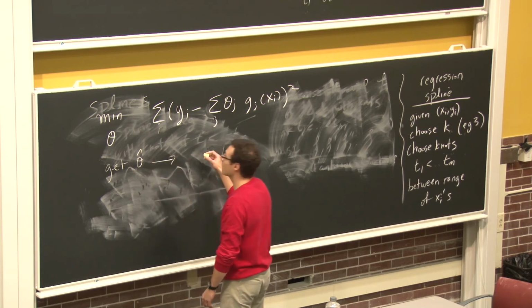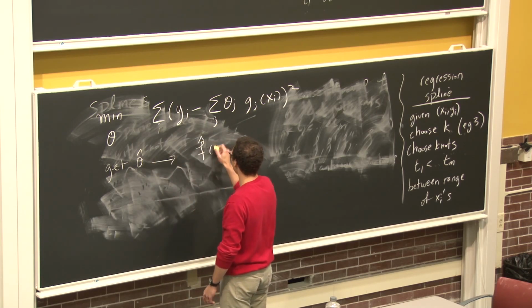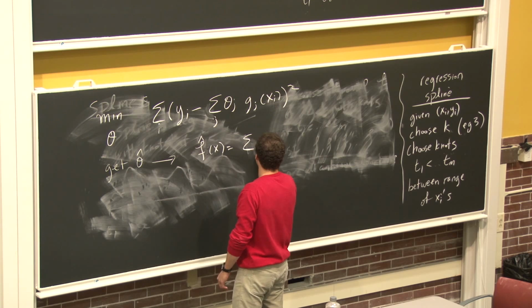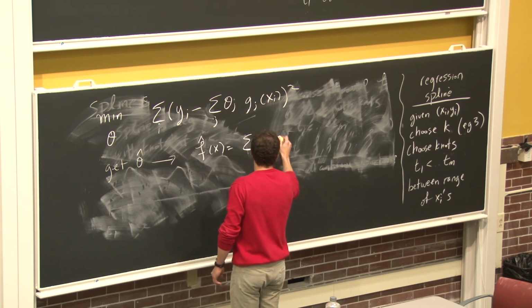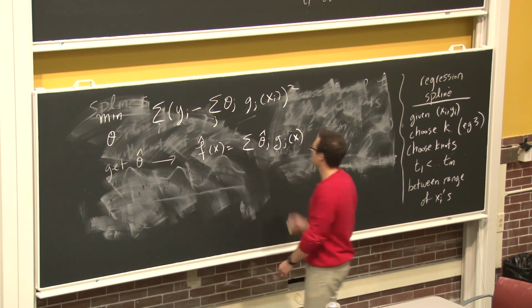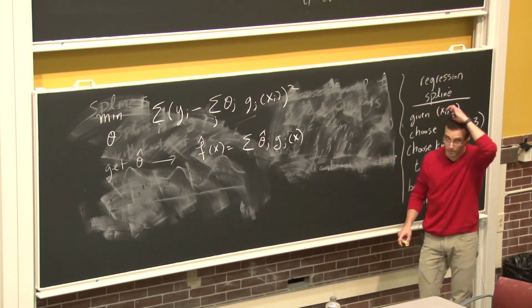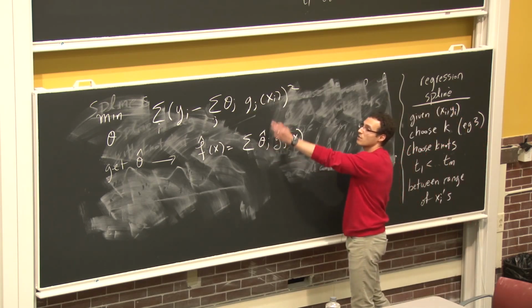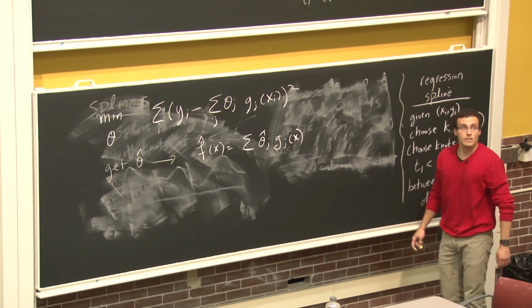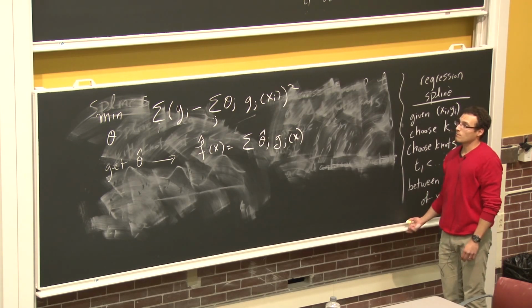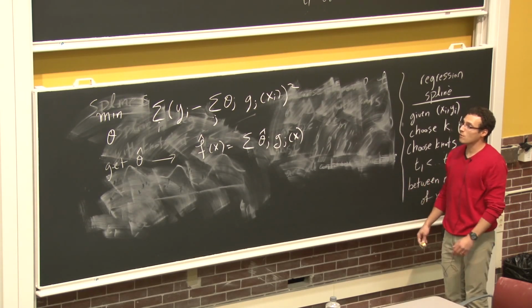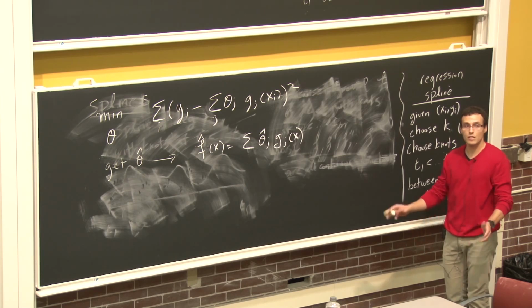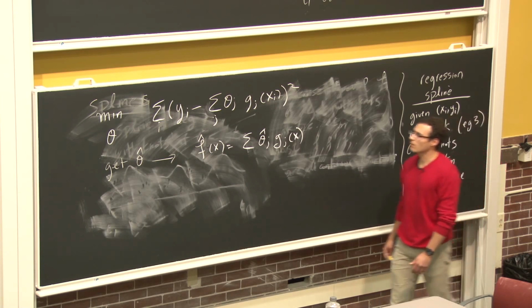And that's going to give me this function called f hat. That's my regression spline. Just take the coefficients that minimize this. Hopefully that is familiar, at least from the perspective of linear regression or least squares regression.